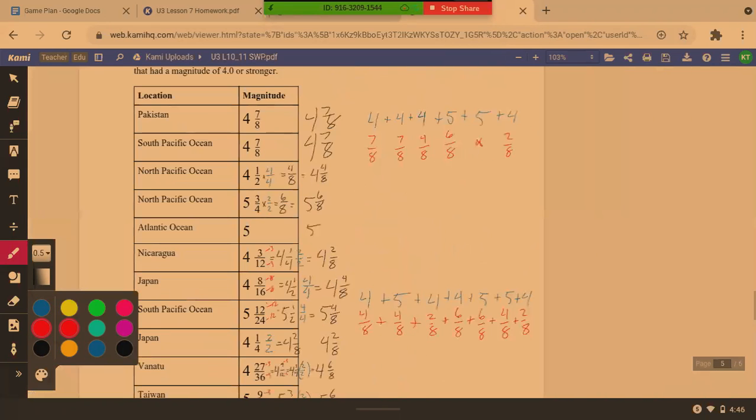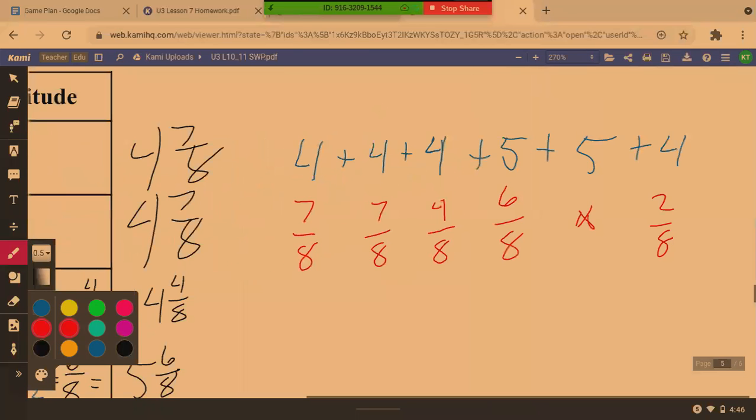Okay, so let's add up the blues. 4 plus 4 plus 4 plus 5 plus 5 plus 4 equals 26.